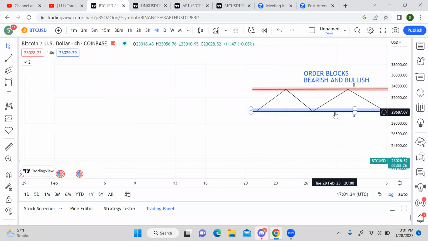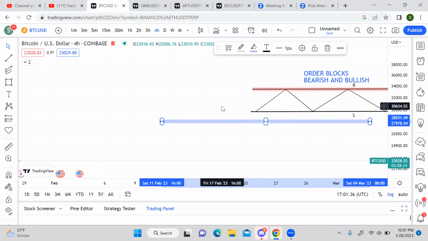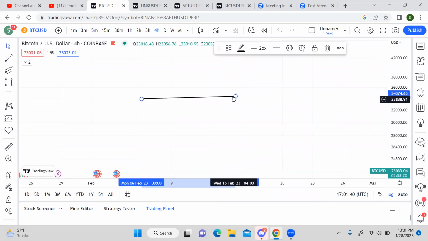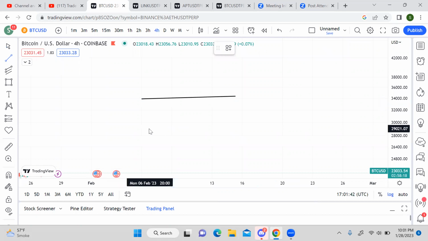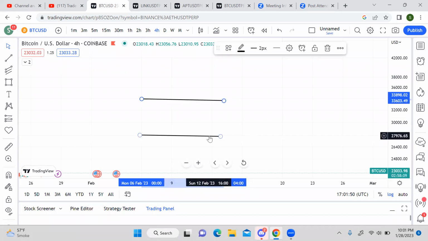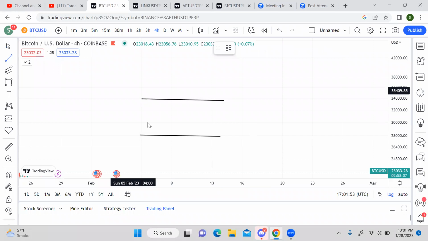Let me move it. This is support. Suppose price tapped here once, goes to resistance. Now again price is coming towards there.